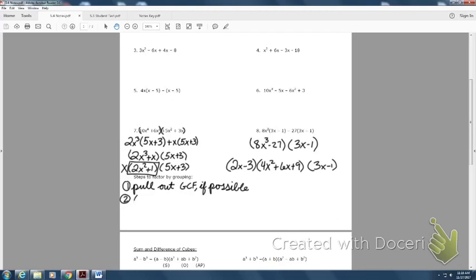Two, group the first two terms and the second two terms together.